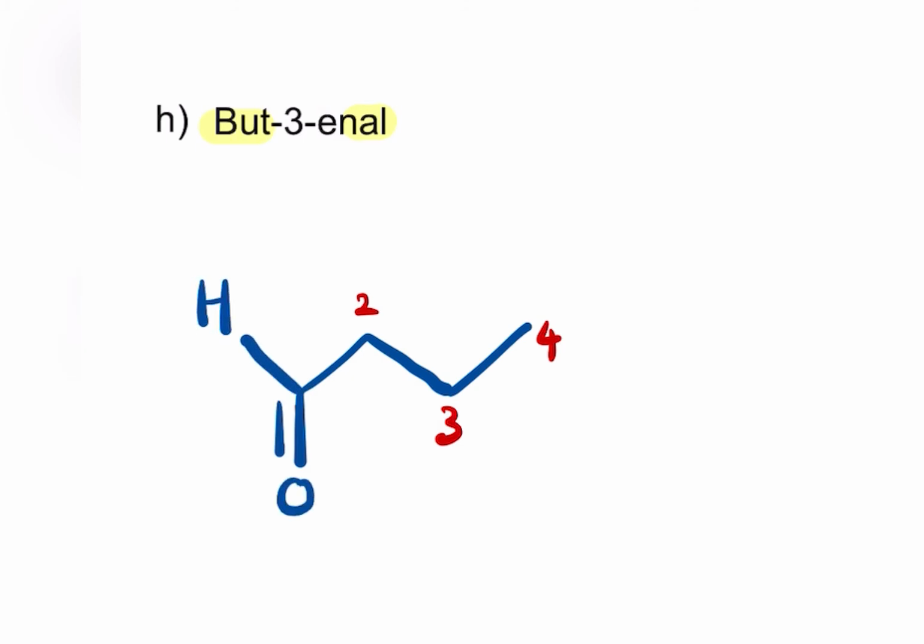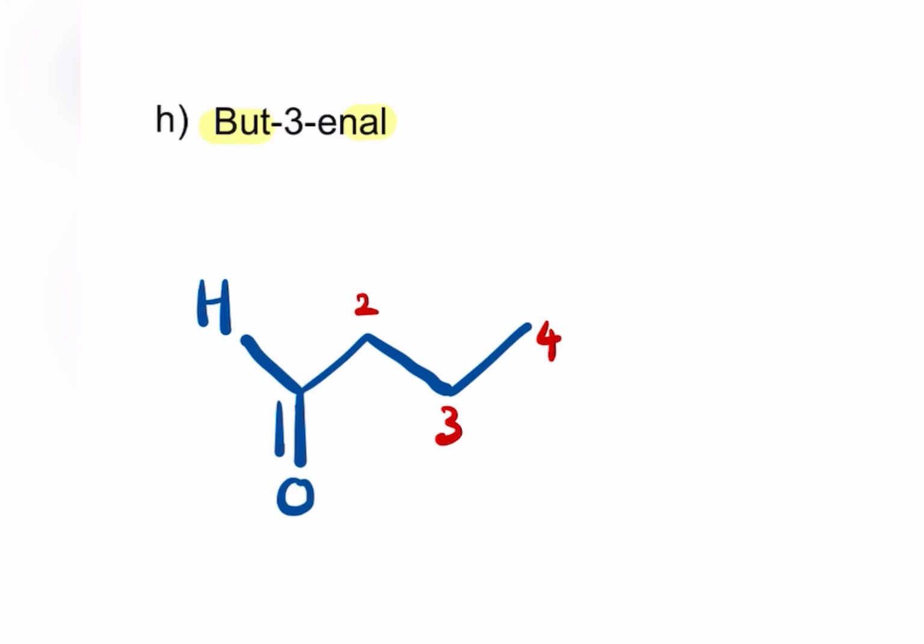Next one, we go to structure H. So this is a bit special where I have my parent is butanal. So this is an aldehyde with 4 carbon atoms. So your aldehyde will have double bond O at the first carbon. So I'm going to draw first my aldehyde with 4 carbon atoms. So put the numbering, and then at first carbon always double bond O, and then you got aldehyde with the carbon attached to hydrogen, one of the bonds at first carbon.